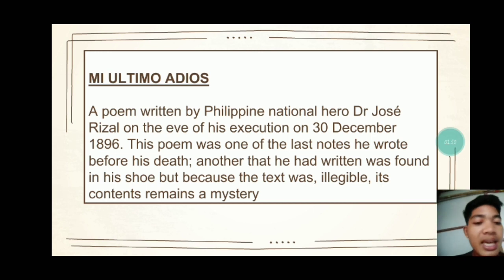Mi Ultimo Adios is a poem that tells us how beautiful the Philippines is and how Rizal wants us to learn from our past and to see the truth about how the world views us.